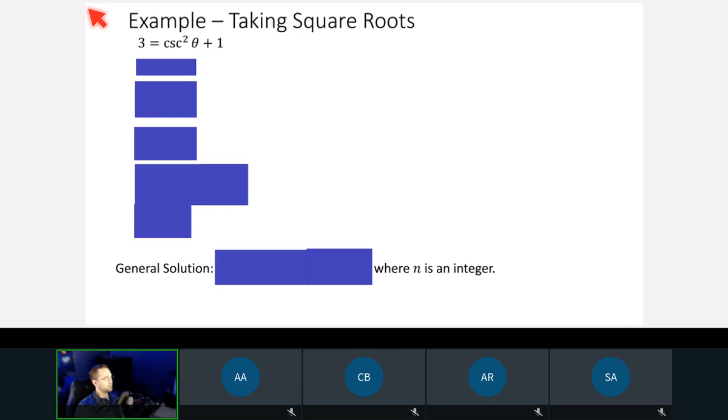Okay, so let's go ahead and solve this. Everyone, get your paper. This is the same as yesterday. So we have 3 equals cosecant squared plus 1. Let's go ahead and everyone solve this. I'll give you 2 minutes to take a whirl at it. 2 minutes.